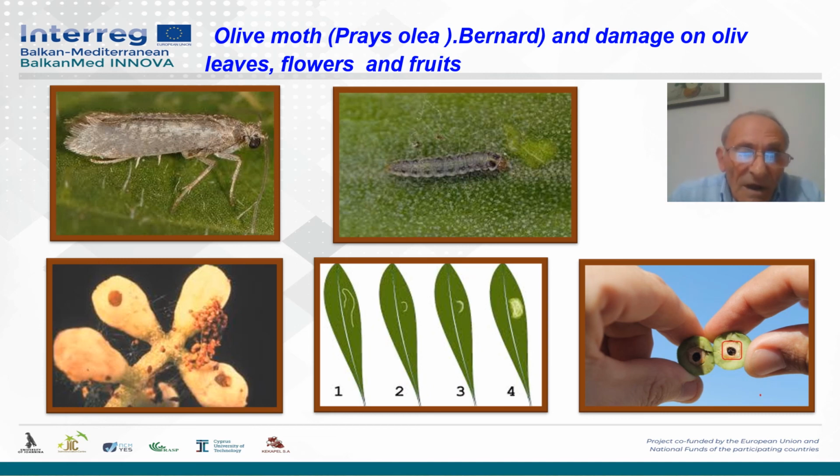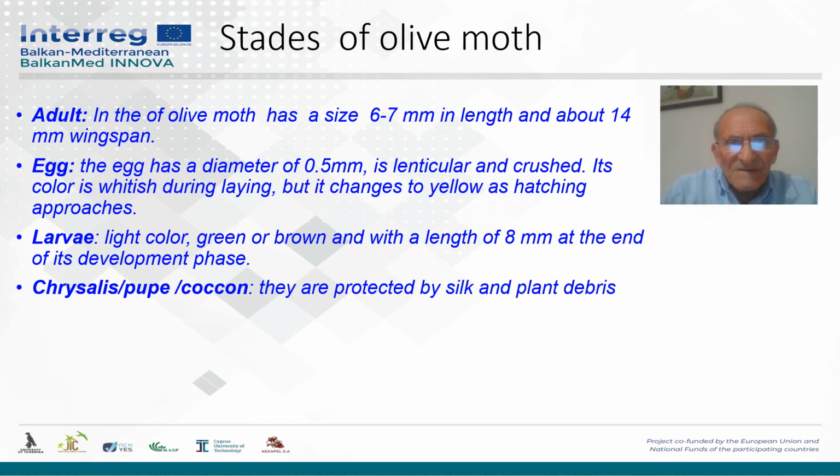Because, as I will tell again, this kind of insect we find in three stages: in the leaves, on the flowers, and on the fruits. Stages of the olive moth Prays oleae.